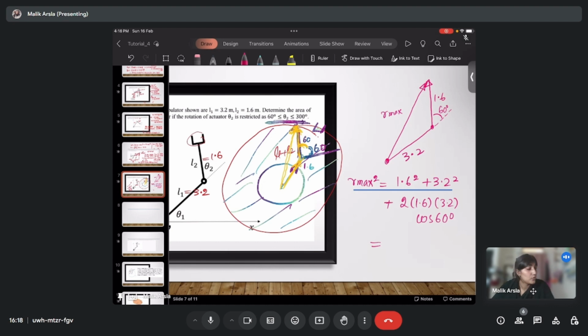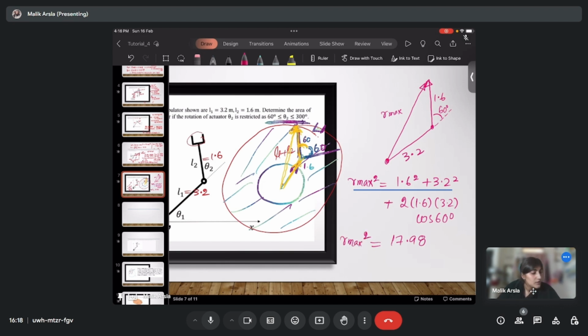No, it's coming out to be 17.98. So r max squared is coming out to be 17.98.